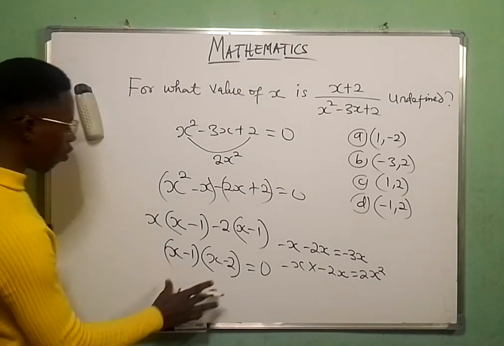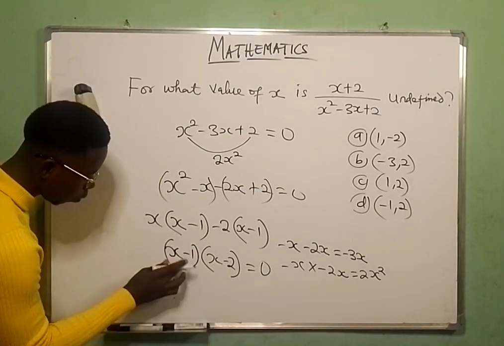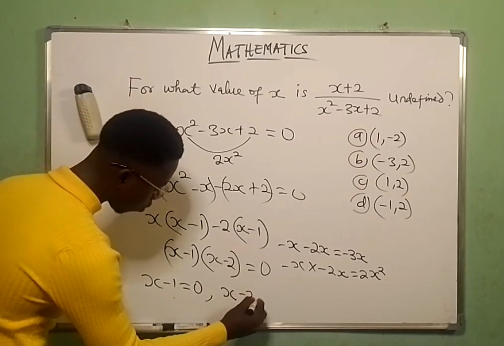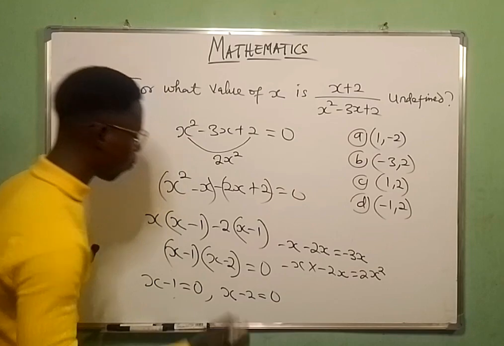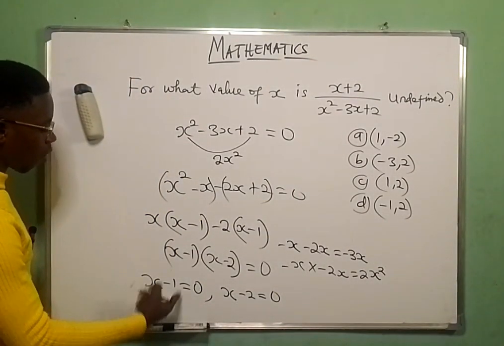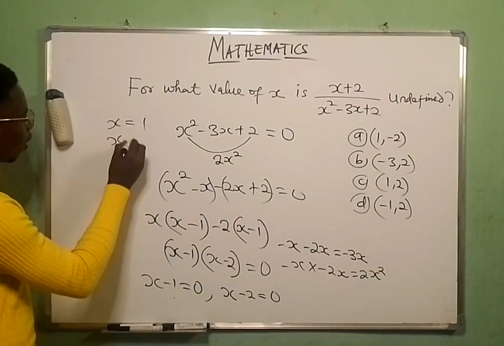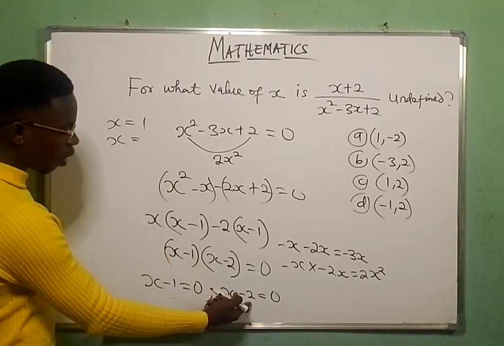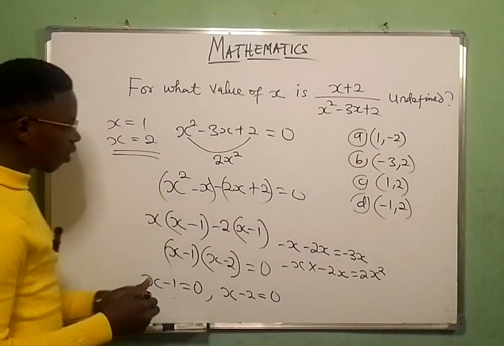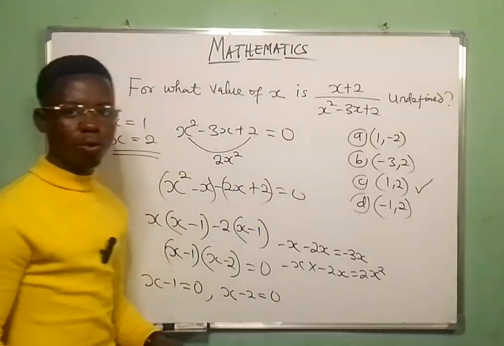Now, how do we find the value of our x? We take x minus 1 to be 0, and then we take x minus 2 to be 0. As simple as that. Therefore, we can find the value of x as x equal to 1, and the value of x here as x equal to 2, which means that the correct option here is 1 and 2.